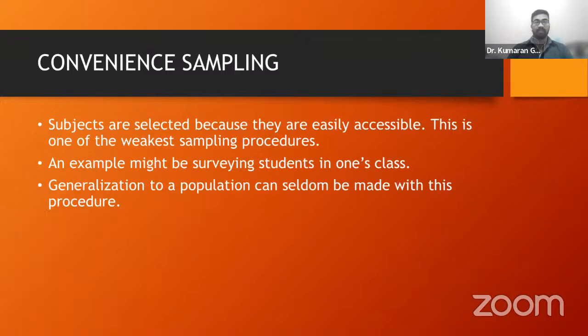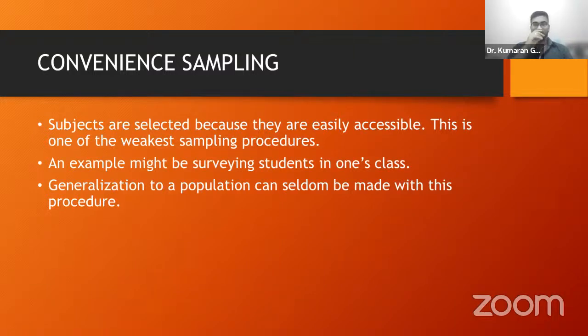Okay, and this one is convenience sampling. Subjects are selected because they are easily accessible. This is one of the weakest sampling procedures actually, because with convenience sampling, sometimes bias could happen.